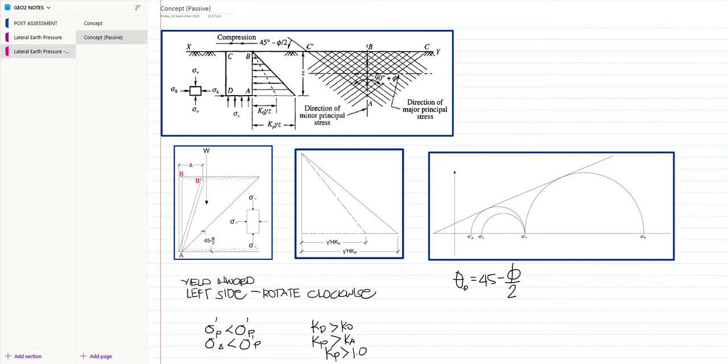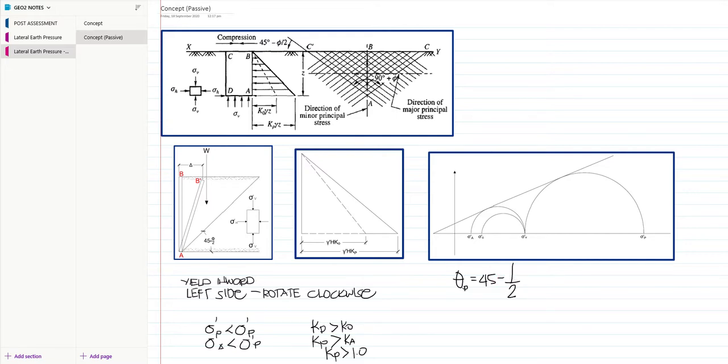Kasi nga, papasok na sa soil, yung angle of failure niya or yung failure plane niya hindi katulad nung sa active condition na palabas. So, ang tendency, nag-i-increase yung angle of failure plane. Pero dito, since papasok, pabawas. Kaya, as you can see, yung angle of internal friction over 2 is minus.